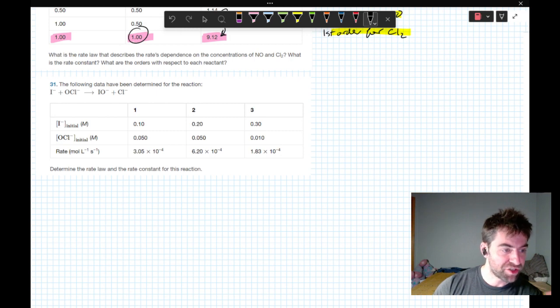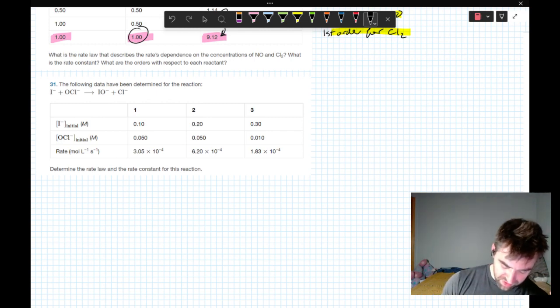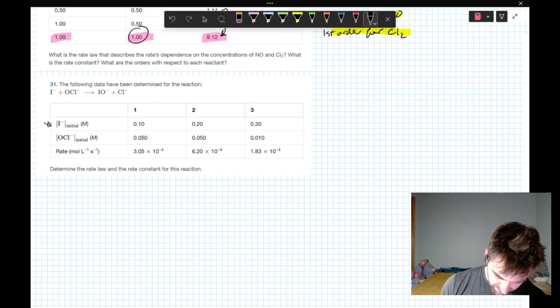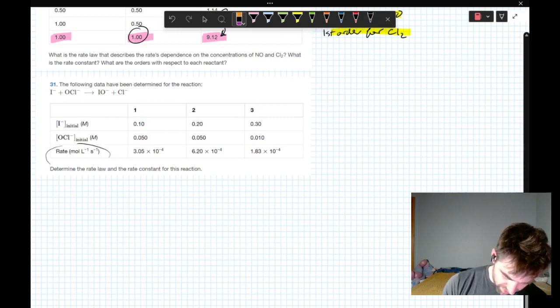We're removing an oxygen from the chlorine to the iodine. Determine the rate law and the rate constant for this reaction. So we have this table set up a little bit differently. We have initial concentrations and we're given rates. Okay. So, and then it looks like we have trials 1, 2, and 3.